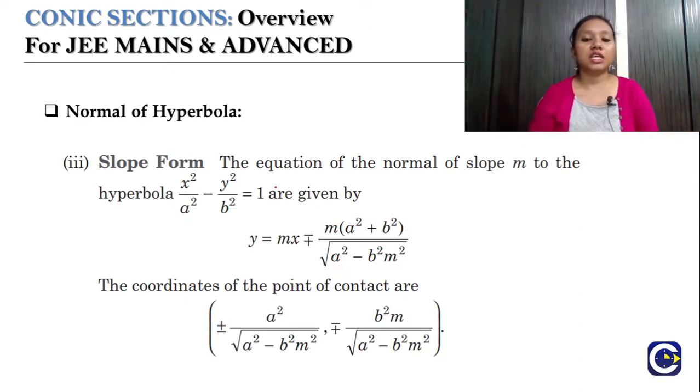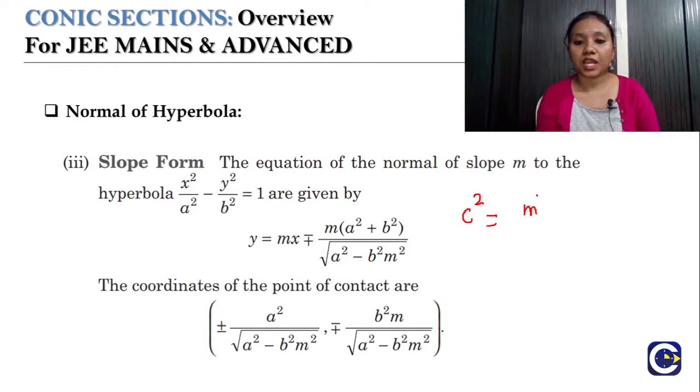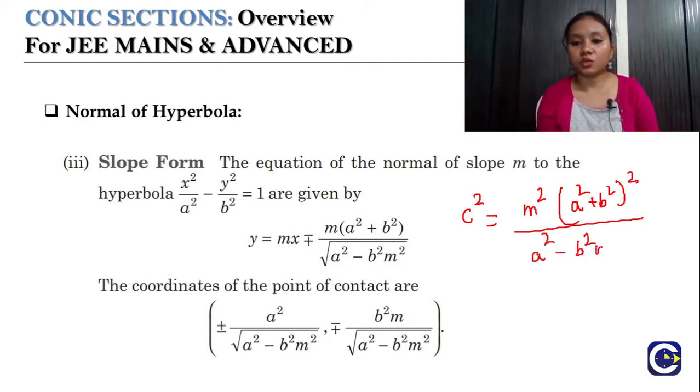Here you can see the equation of the normal of slope m to the hyperbola x square by a square minus y square by b square is equal to 1 is given by y equal to mx plus or minus m into a square plus b square divided by root over a square minus b square m square. That means c square is equal to m square into a square plus b square whole square divided by a square minus b square m square. So this is actually the c square value, right?